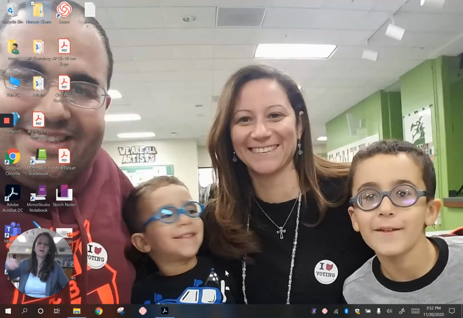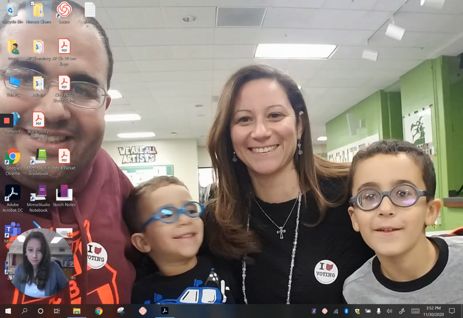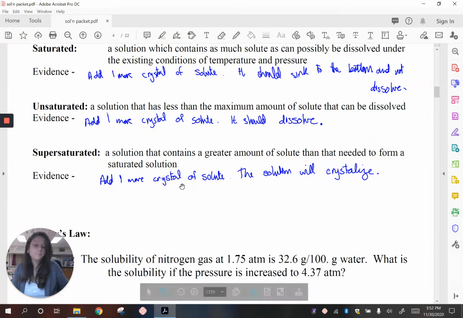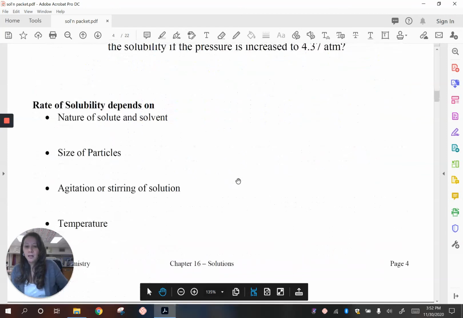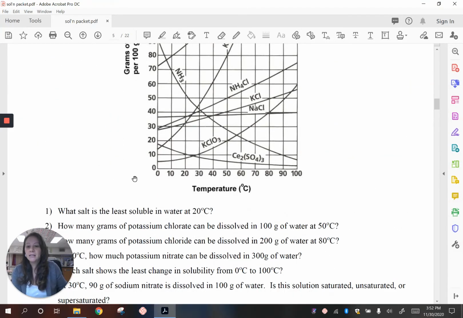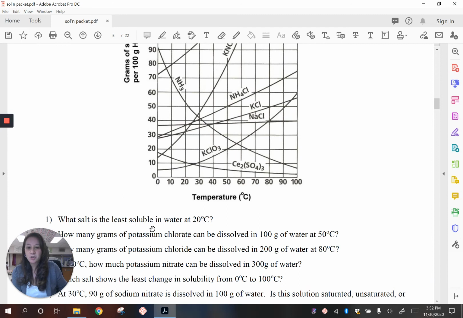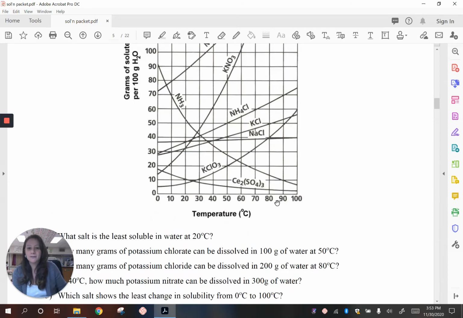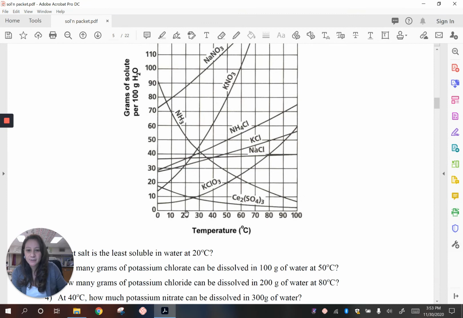Okay, so let's look more at these solubility curves here and try to answer some questions. It says, what salt is least soluble in water at 20 Celsius? So we're going to go to 20 Celsius, and the one that is least soluble looks like it's KClO3.